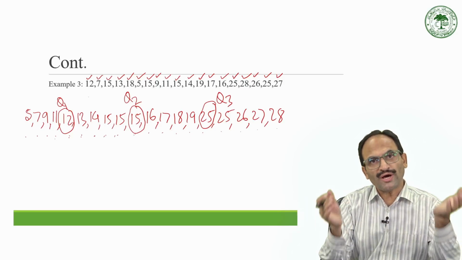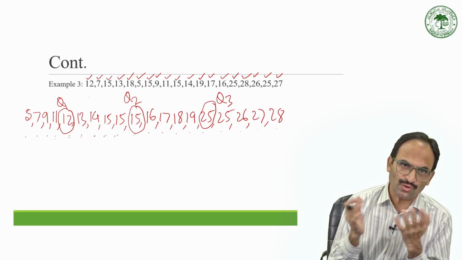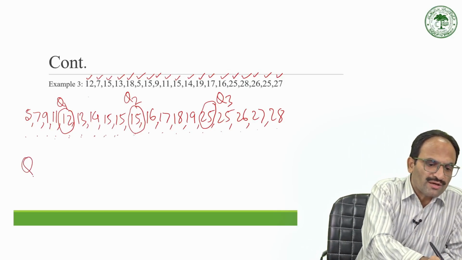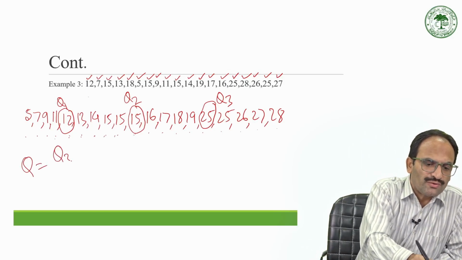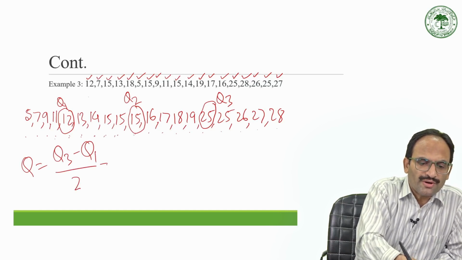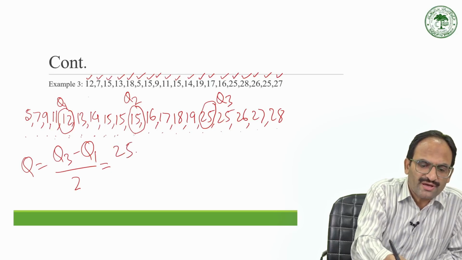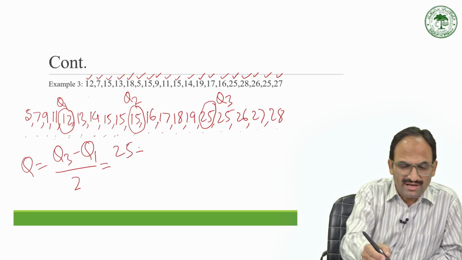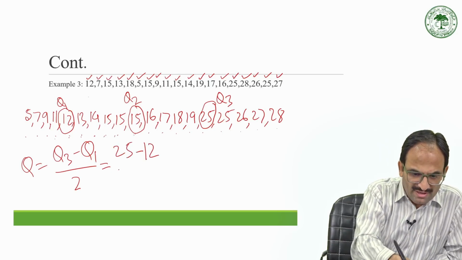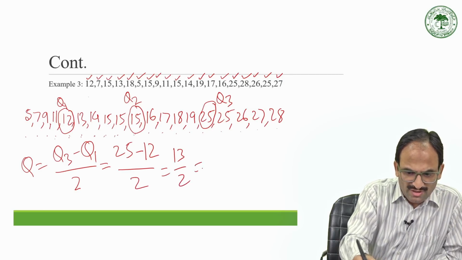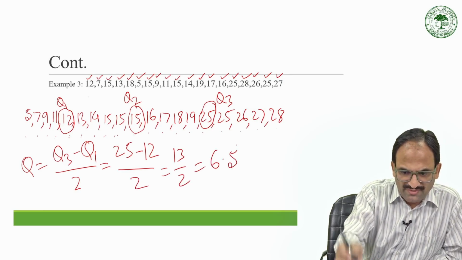Now you are required to calculate the quartile deviation. So you will write the formula Q is equal to Q3 minus Q1 upon 2. Now you have calculated Q3 as 25. You have calculated Q1 as 12, and divided by 2. So it will be 13 divided by 2. So it is 6.5.